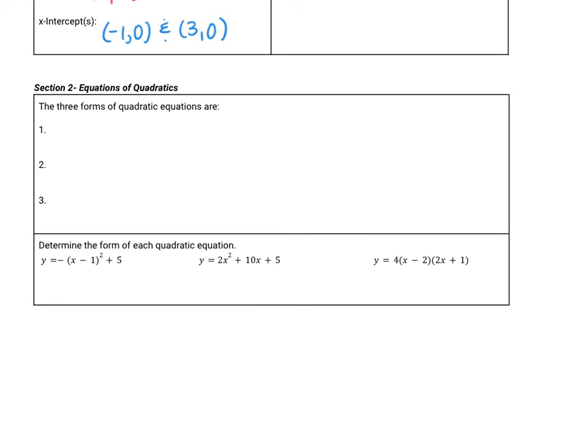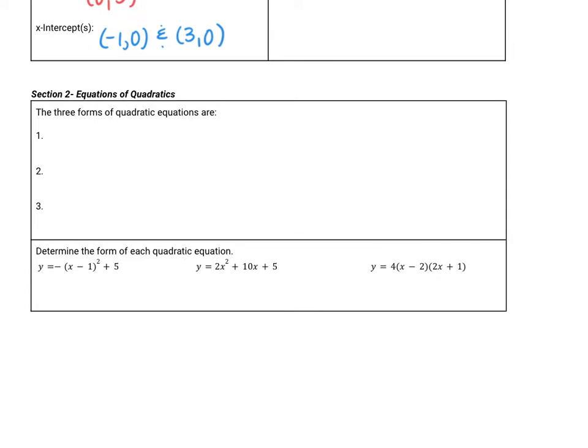Next we want to talk about the three forms of a quadratic. The first one is standard form. It's the traditional form, y equals ax squared plus bx plus c.